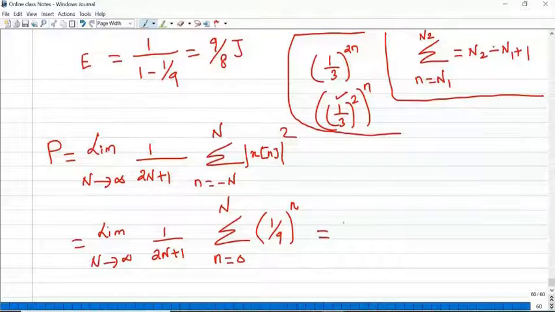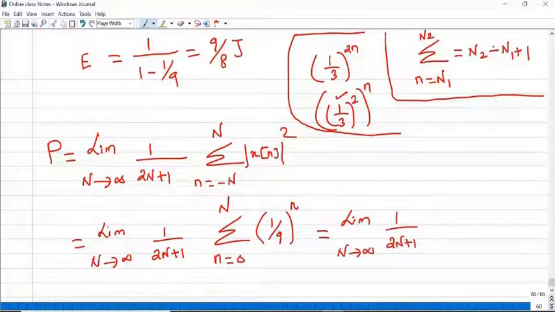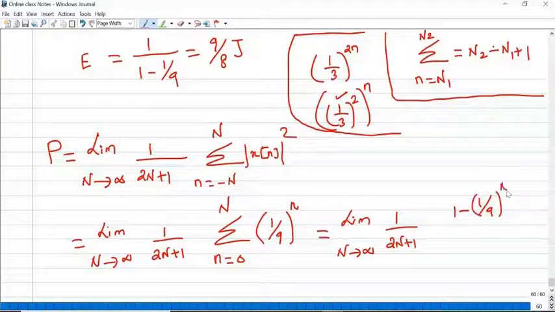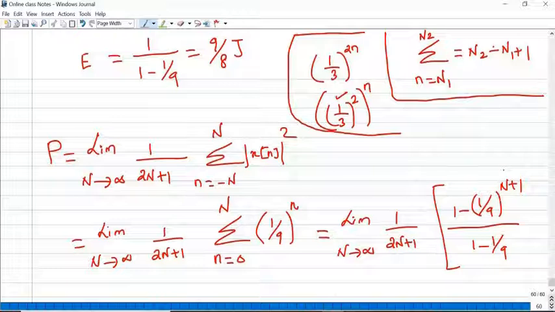So limit n tends to infinite 1 divided by 2n plus 1, 0 to n a power n. So 1 minus a power n plus 1 divided by 1 minus a. That's it. So we solved the summation terms.